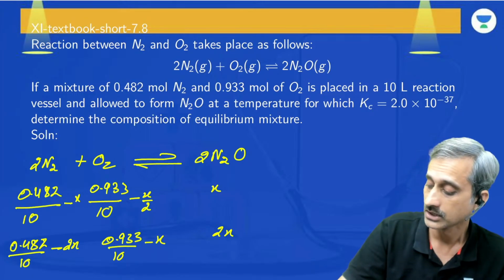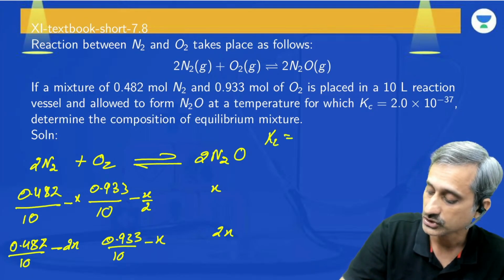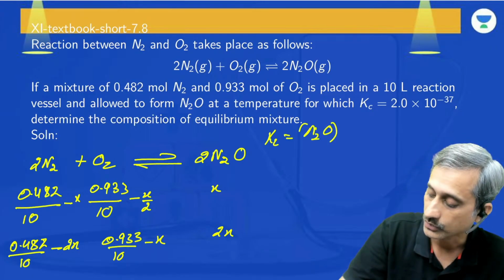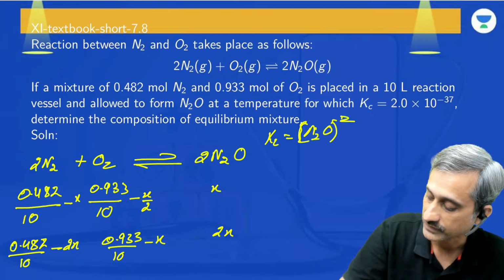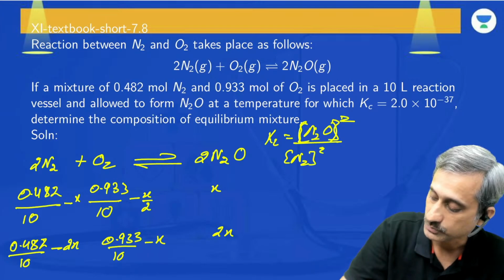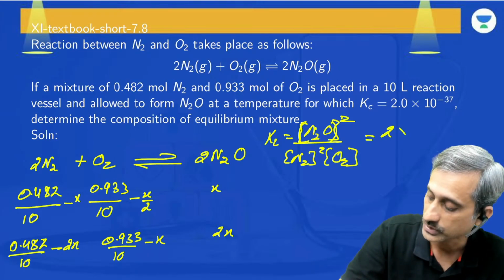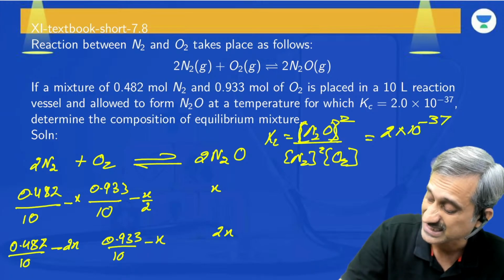Clear? Now Kc is going to be the concentration of N2O raised to power 2 divided by the concentration of N2 raised to power 2 into the concentration of O2 raised to power 1, and that's equal to 2 into 10 raised to power minus 37.